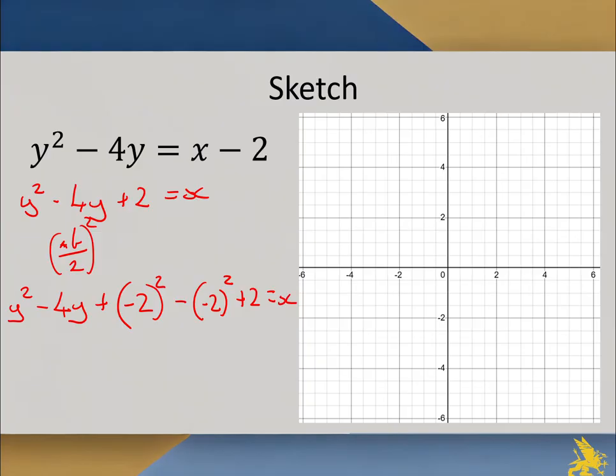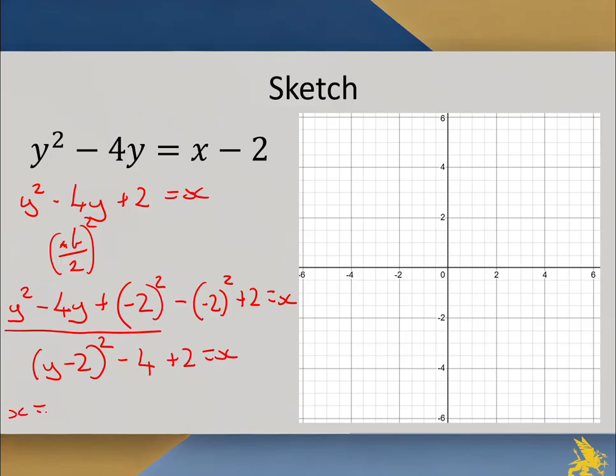The next part is I'm going to use the perfect square rule. So the perfect square rule gives me y take away 2 squared. And then I'm going to simplify this. Negative 2 squared is 4, so it'll be negative 4 plus 2 equals x. And then negative 4 plus 2 is negative 2.